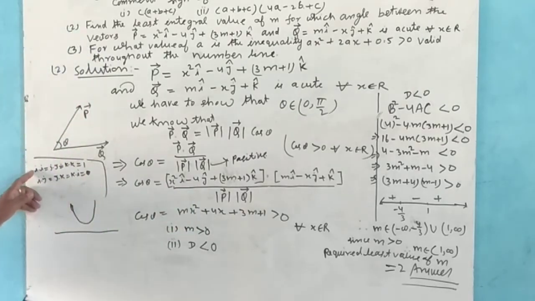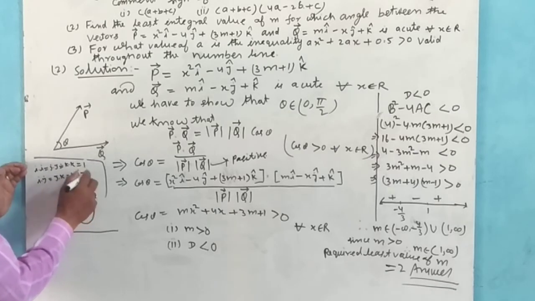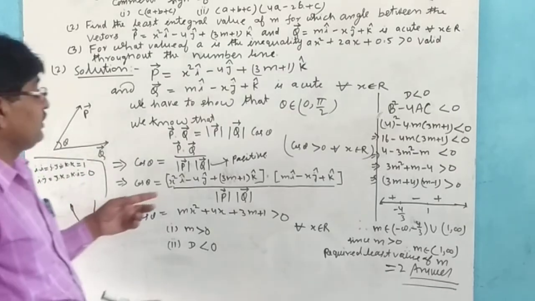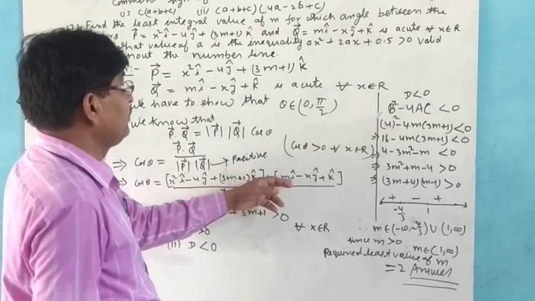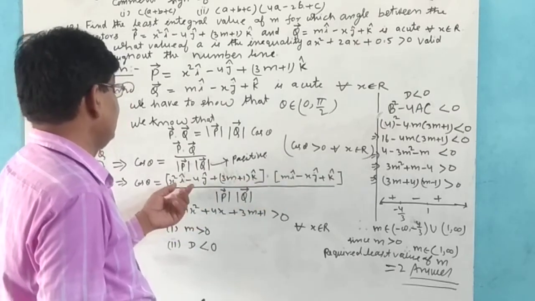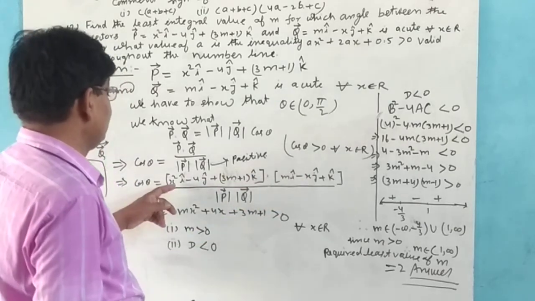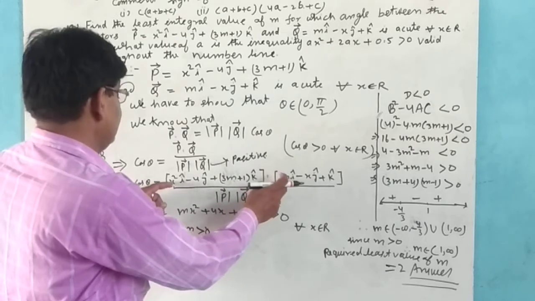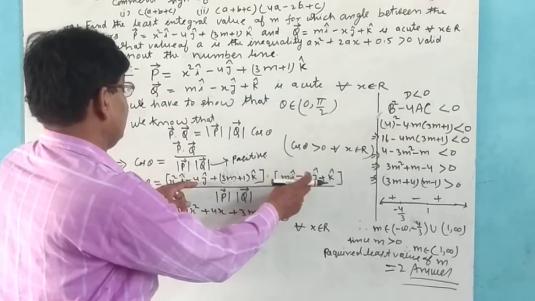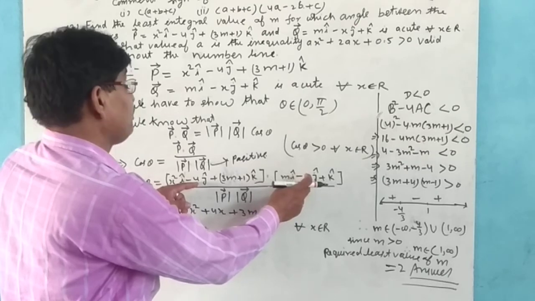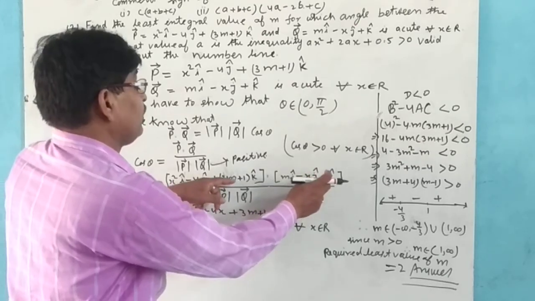In dot form, i dot j, j dot k, k dot i are equal to 0, and i dot i equals 1. So i cap with i cap becomes 1, and i cap with j cap is 0, so we take m x square, minus plus 4x, and 3m plus 1 into 1.